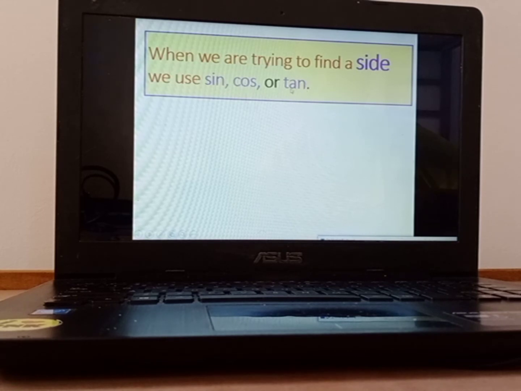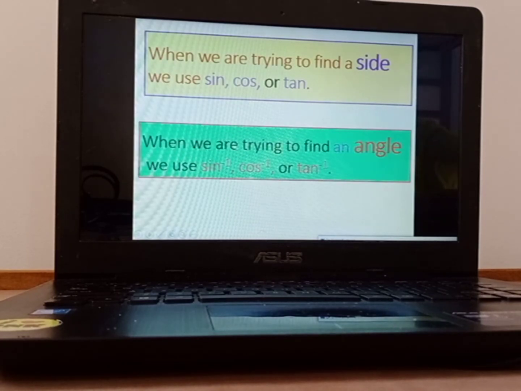And if the given is opposite and adjacent, you apply the tangent function. When we are trying to find an angle, we use the shift tan, the shift cosine, and the shift sine in your calculator. So take note, class, you will only use the shift or the second function if you have to find the angle.